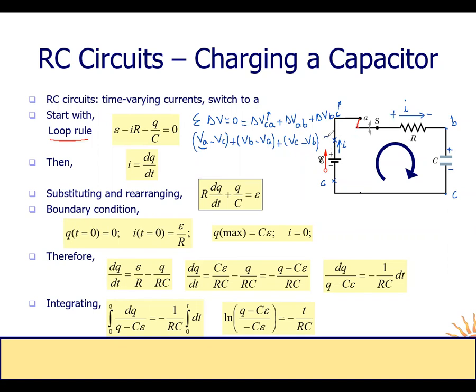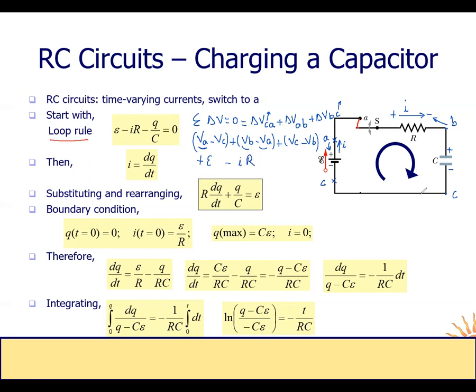VA is at the positive side, so we have plus E. VB minus VA, so I take this resistance. VB is at the negative side, so we have minus the voltage at the resistance, which is IR.